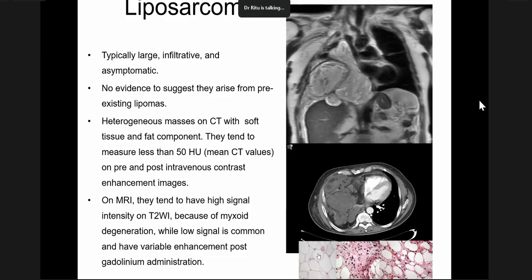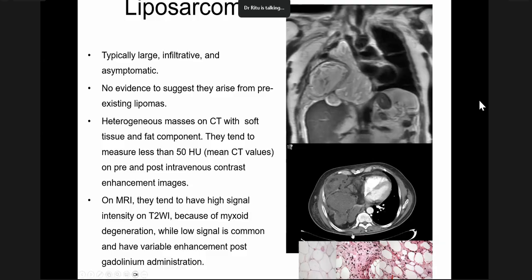On MRI, they tend to have high signal intensity on T2 weighted images because of myxoid degeneration, and can have variable gadolinium enhancement depending on what subtype it is and how much of the soft tissue component it is. Even on pathology, they can look very similar to benign lipomas, and immunocytochemistry may be needed to differentiate the two, especially in very well differentiated liposarcomas.